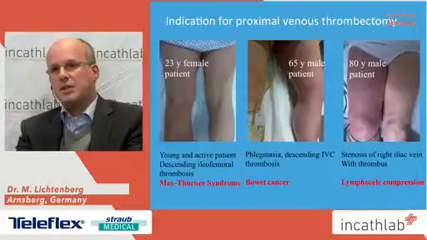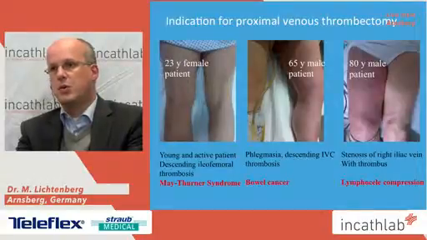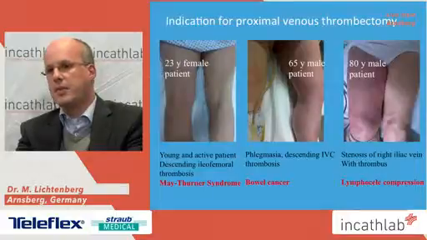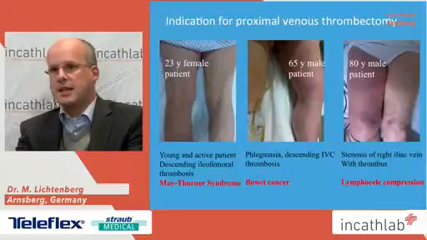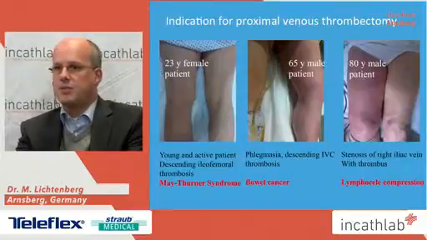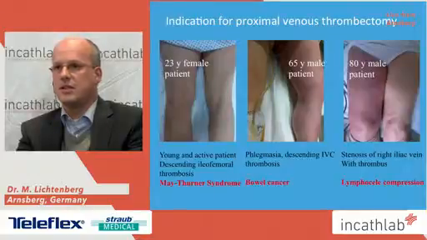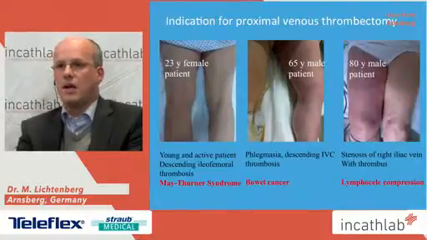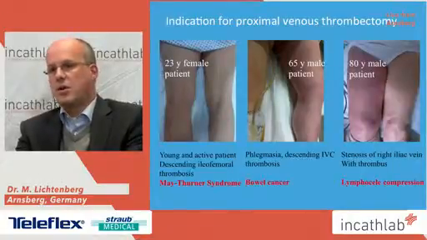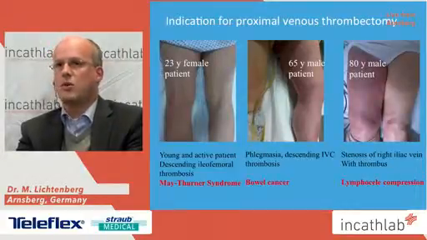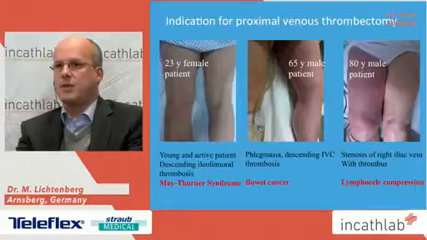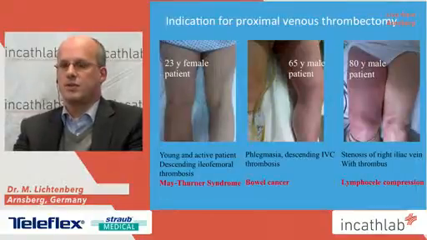Especially in young patients, as you can see on the left side, a 23-year-old female patient, we often have to think of a May-Turner compression syndrome associated iliofemoral ascending, descending deep vein thrombosis. Of course, there are also cancer-associated deep vein thromboses, or in old patients or previously operated patients, lymphocele compression syndrome can cause proximal deep vein thrombosis, iliofemoral thrombosis.